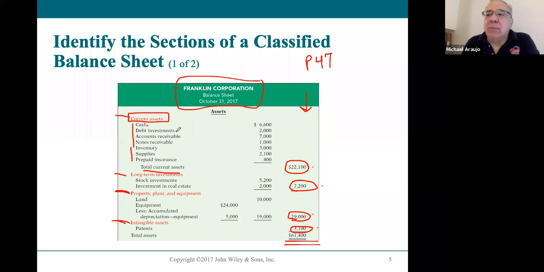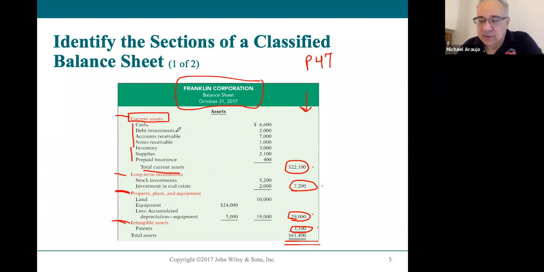So a debt investment, probably the most common one, is a money market fund. When you put your money in a money market fund, the money market is short-term lending. Usually it's to the federal government, to bank-to-bank loans, to very, very large corporations.